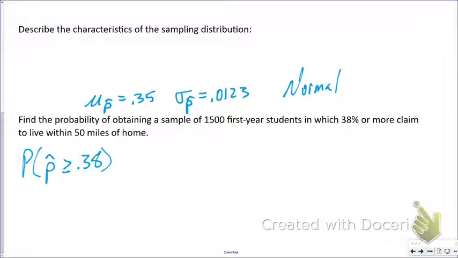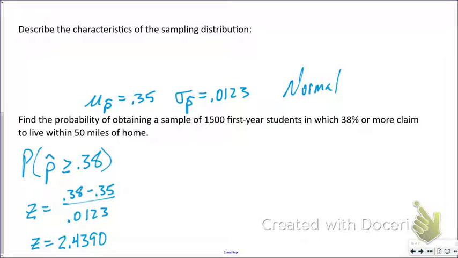We said it was normal. We have a mean. We have a standard deviation. We can find a z-score. So we subtract those two, divide by the standard deviation, and we get a z-score of 2.4390. Now this next part, I'm going to write the calculator function.